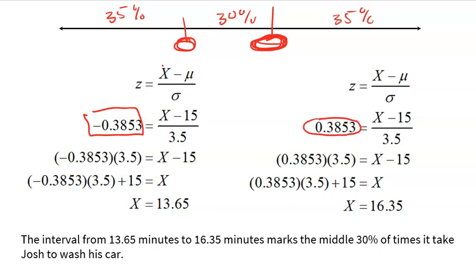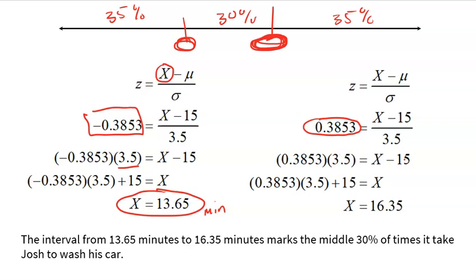Now I have to solve for x, the actual amount of time that that z-score represents. I know the mean is 15. I know the standard deviation is 3.5. All you got to do is solve. So multiply the 3.5 over, then add the 15, and you can type that all into your calculator at once, and you get 13.65 minutes at the bottom. And then again, same thing over here.